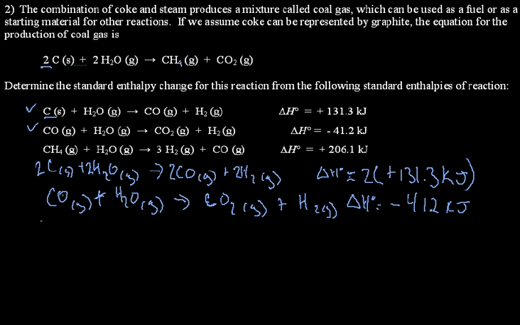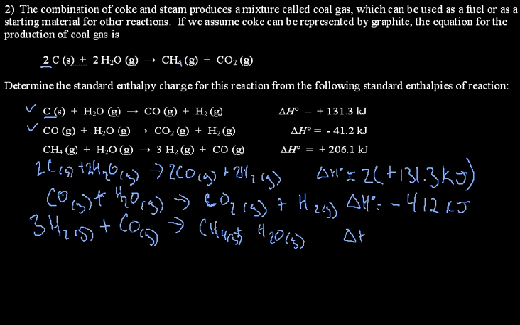So we've got 3 hydrogen gases plus carbon monoxide is going to form methane, CH4, plus, that's gas, plus water, and that's a gas. And our delta H is going to be 206.1 kilojoules.